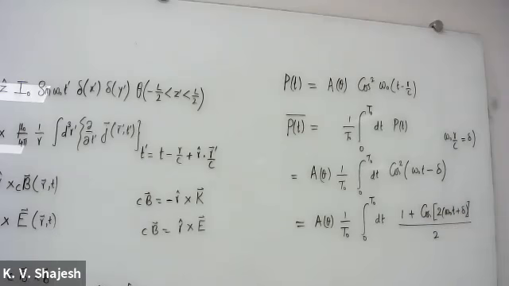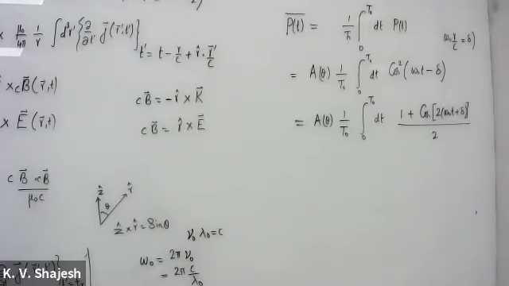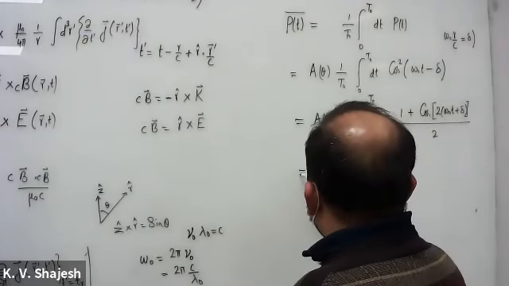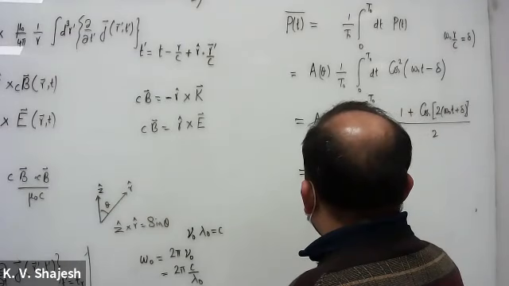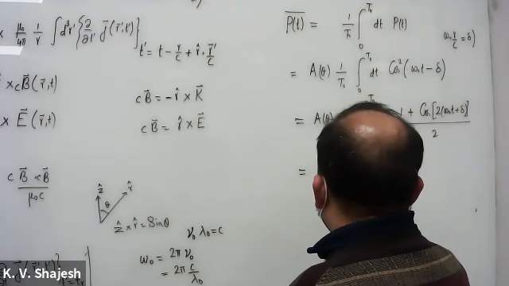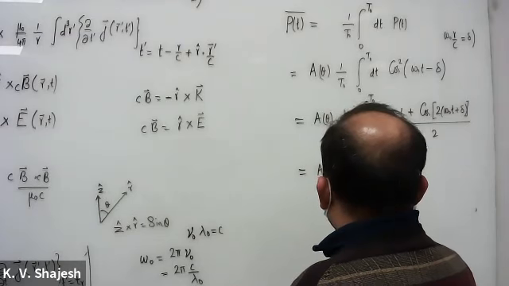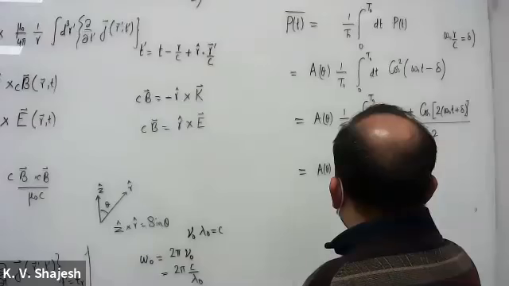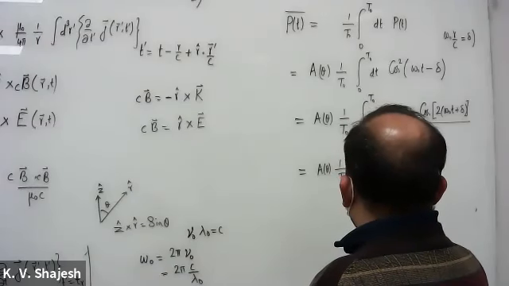That's a half angle formula in trigonometry. The simple idea is that the second integral is 0. The first integral is simply 0 to t naught dt times 1 by 2.